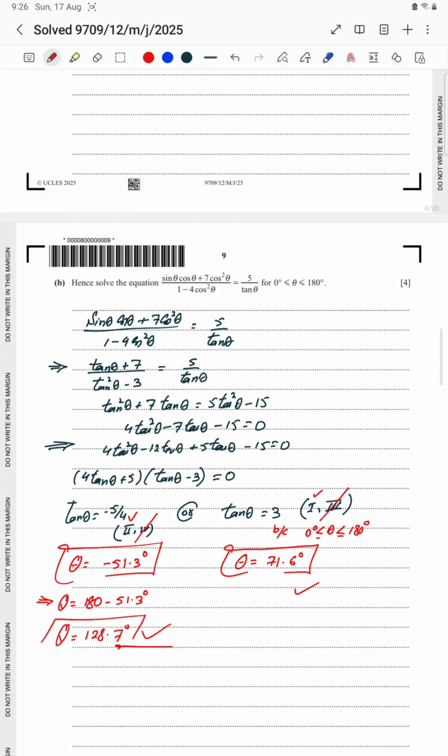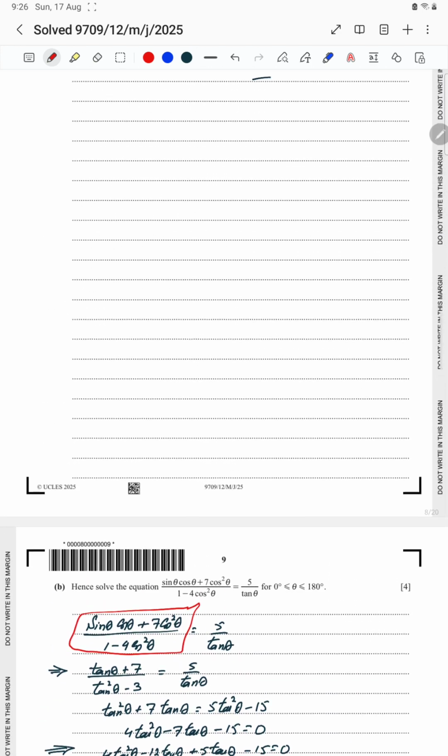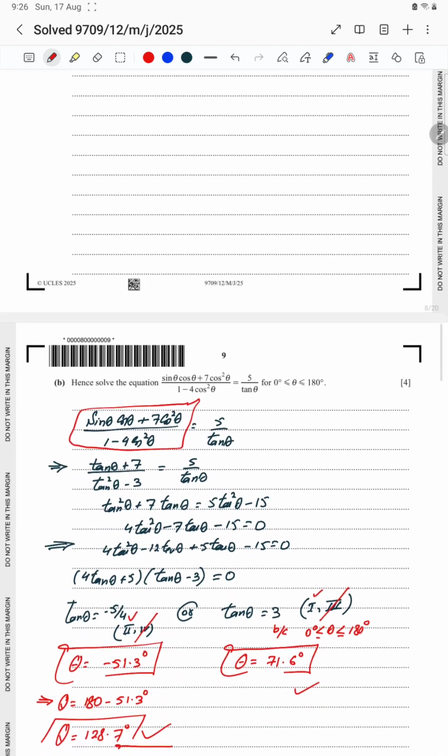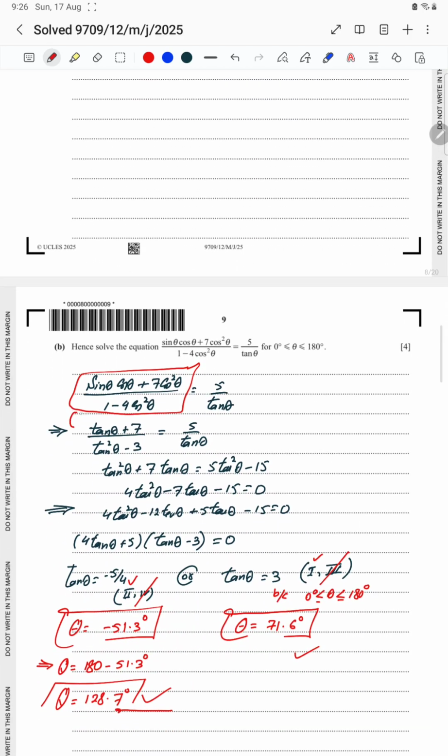Next, part B, hence solve the equation. The same expression is equal to 5 by 12. So we already got this result in the first part proved. That was the actual question: tan theta plus 7 over tan square theta minus 3. So I wrote all this value from the question in part A, and equated it to 5 by tan theta. After simplifying, I get a quadratic in terms of tan theta, and solving it.